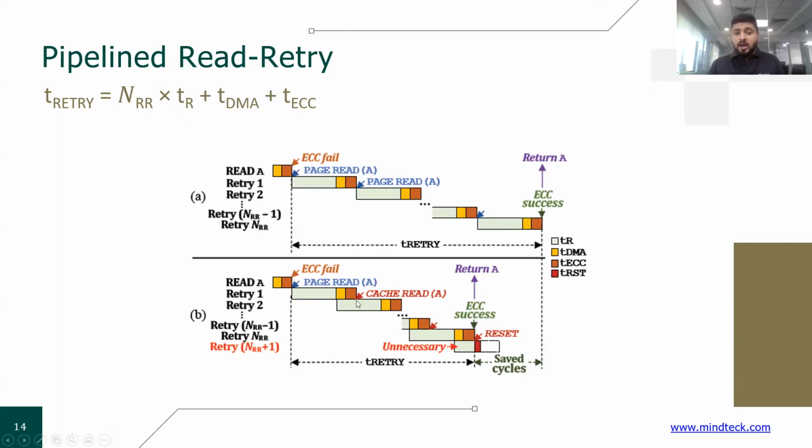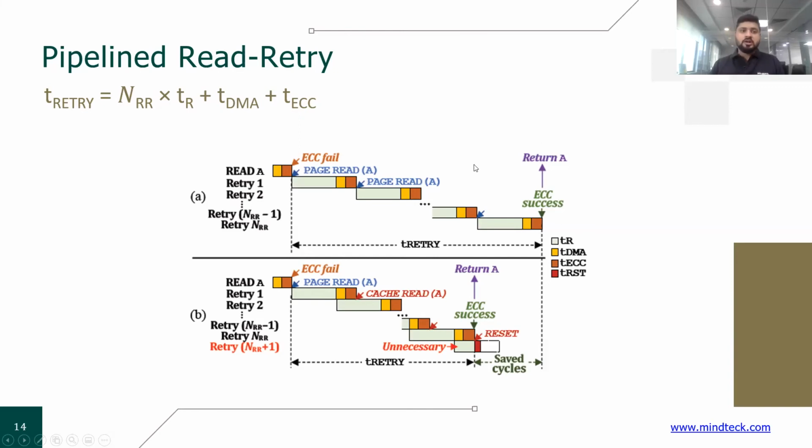But now in the cache read, we are multiplying the read retry count with only page sensing, not with the DMA, which is data transfer, and not with error correction code. So in this way we are saving (read retry - 1) times (TDMA plus TECC). This much cycle we are saving by using this mechanism.